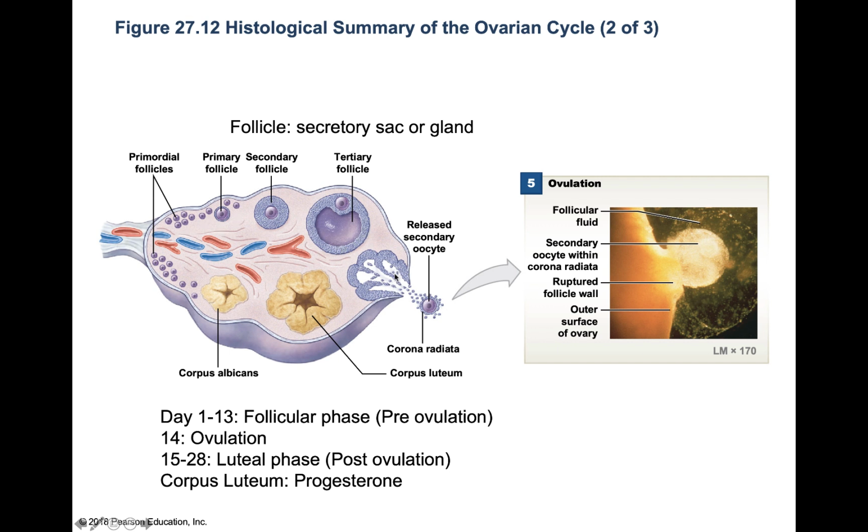And on here you can see the egg popping out, and that's the ovulation. So day 14 is the ovulation, and day 15 through 28 is the luteal phase. So the hormone that's going to be released is going to be luteinizing hormone, and this is the post-ovulation cycle. So what we have here is the pre-ovulation, ovulation, and then post-ovulation.